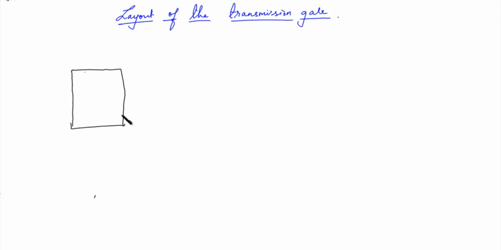This is the N well, it's too big, so this was the N well. Then we'll have the P diffusion. This is the P diffusion layer. Then the N diffusion for drawing the NMOS.